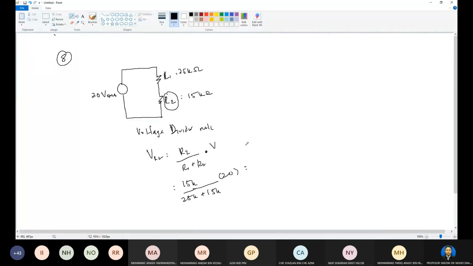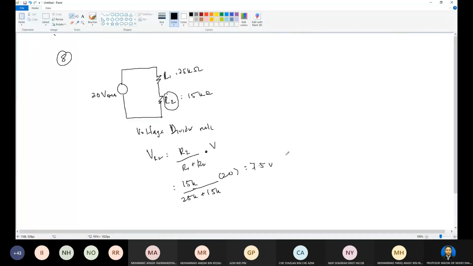Multiply by 20, divide by 15K plus 25K. So 7.5 volts. That is for calculating the voltage here, right?